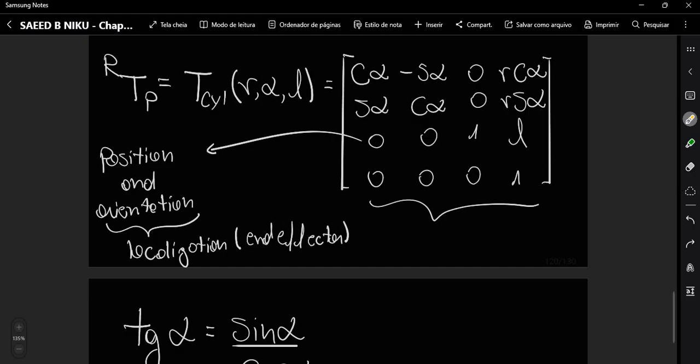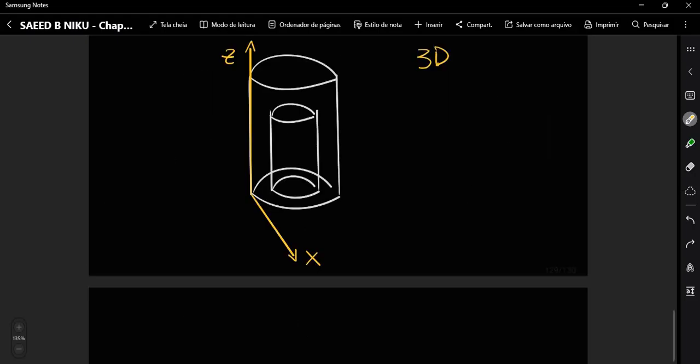Let me draw the other axis crossing the geometric solid, and right here is y. How can we have a rotation transformation right here?